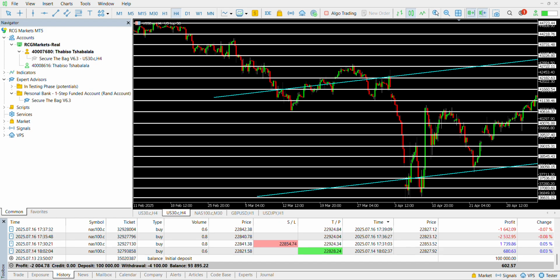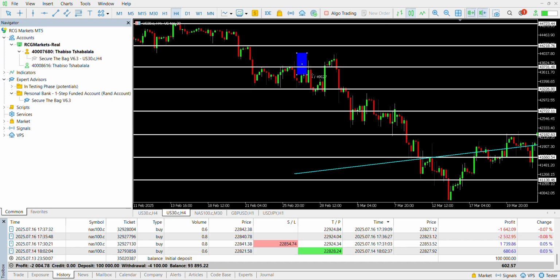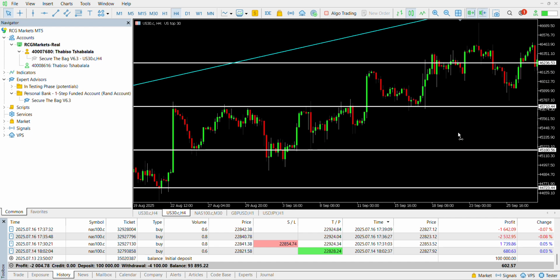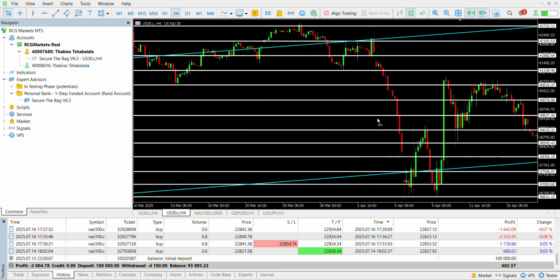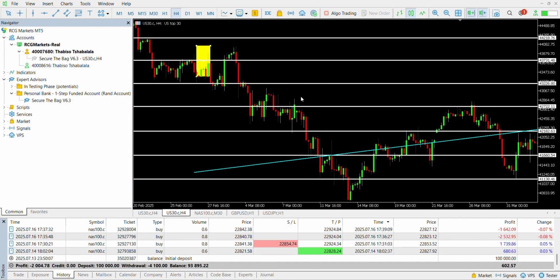So I'll look over here, for example. Let me change this color, I don't like this color. Let me make it yellow. There we go.